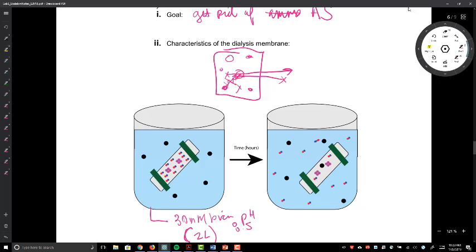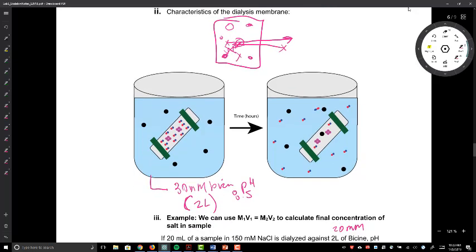Over time, the bicine in the buffer and the ammonium sulfate are going to equilibrate. They're going to go in and out of the membrane, but your protein is going to be caught in the membrane.